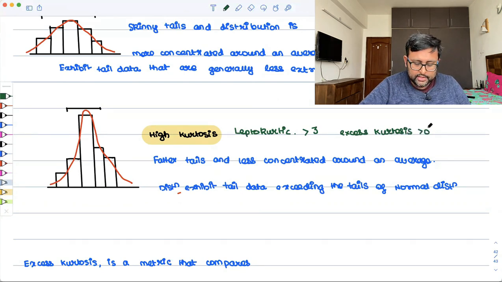They have heavier tails on either side. So it means that there are large outliers which are present.